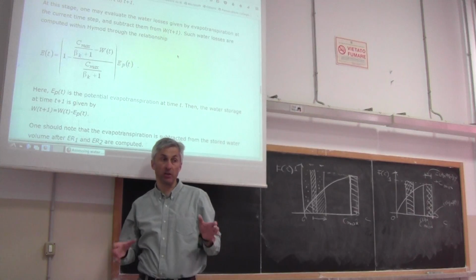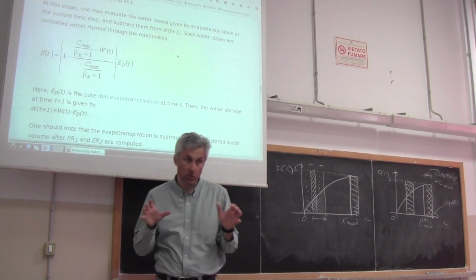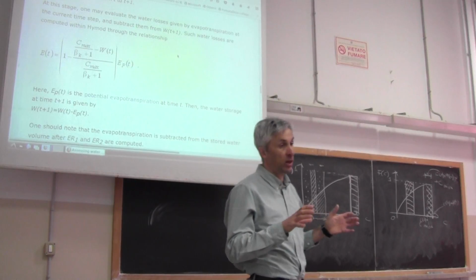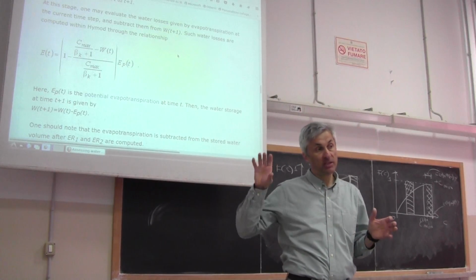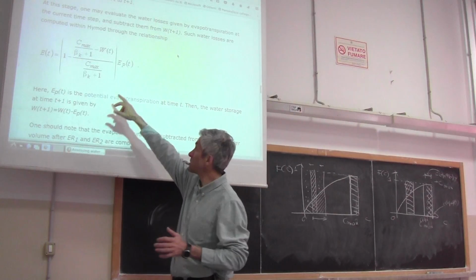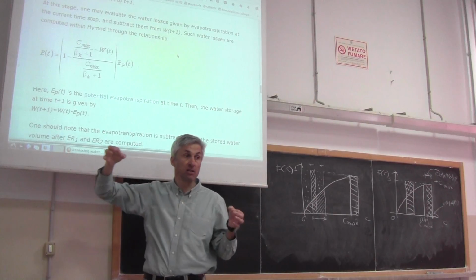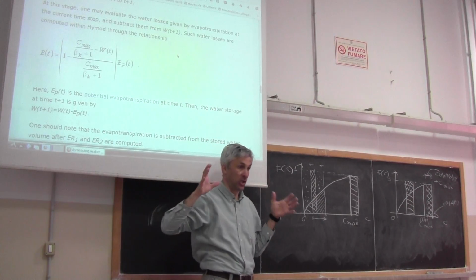It means that when your storage in the catchment is 0, you don't have any actual evapotranspiration. When your catchment is saturated, you have actual evapotranspiration which is the same as potential evapotranspiration, and in between you have a linear change.